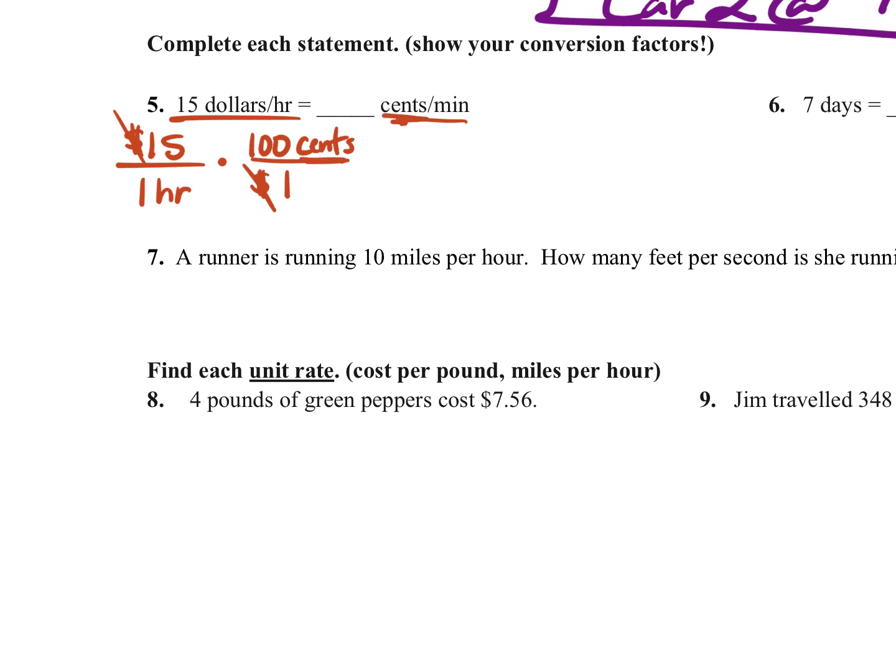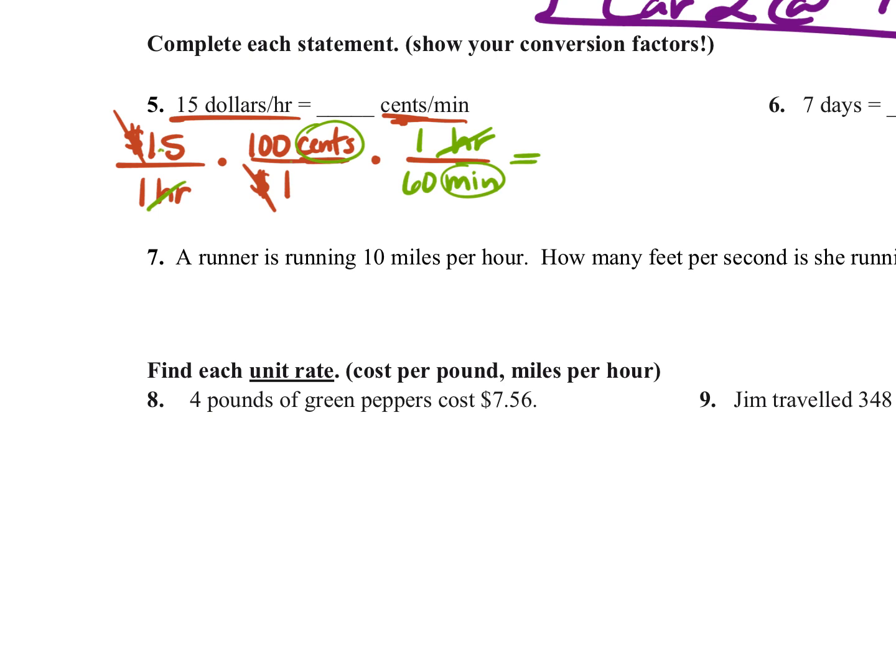Okay, so our dollars have canceled and we're in cents, which is what we want. Now we have to get to minutes. So now it's a totally separate conversion. Now we're taking hours and converting to minutes. Where do your hours go? Hours go on top so that these cancel out. So minutes on bottom. And what are your numbers? 60 minutes is 1 hour. Okay, so now we're at the units we want, cents per minute. So now you multiply across.